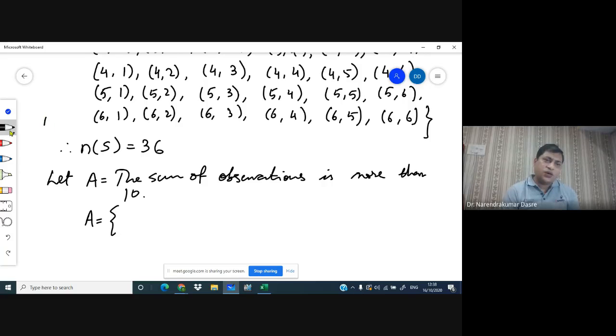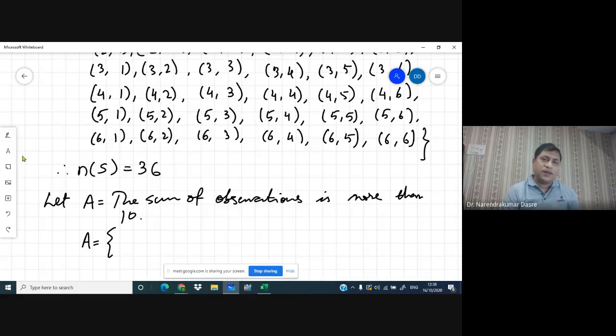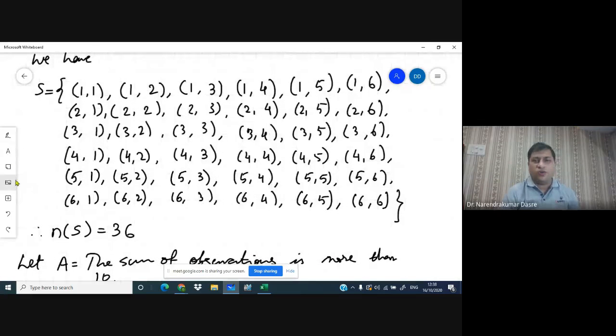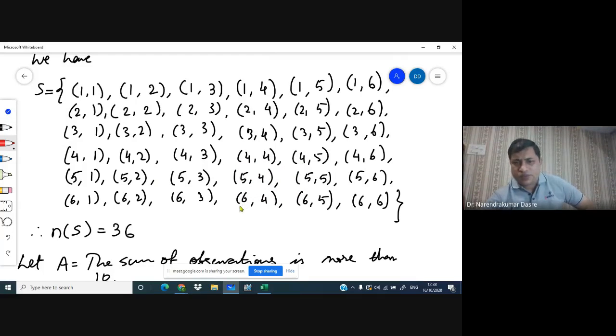Now see how to find the sum more than 10. We want the sum to be more than 10, and you can see it can be easily done. I have 6 plus 4 is 10, and I want more than 10. So these are the observations which have more than 10. Here the sum is 11, and for this line the sum is 12.